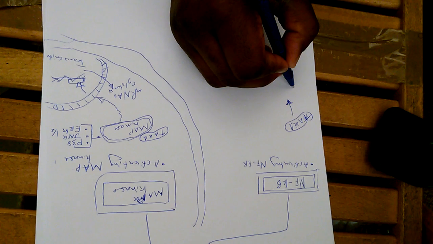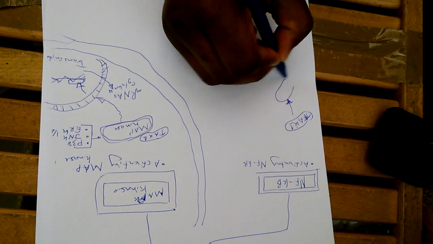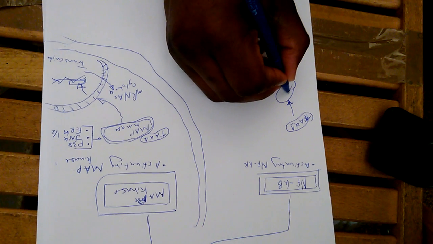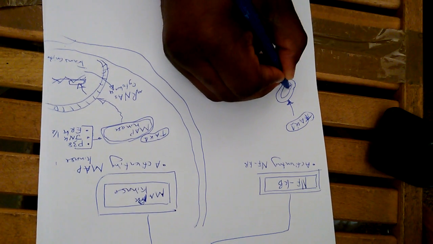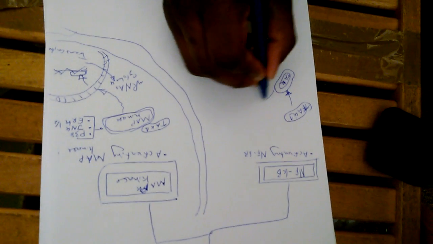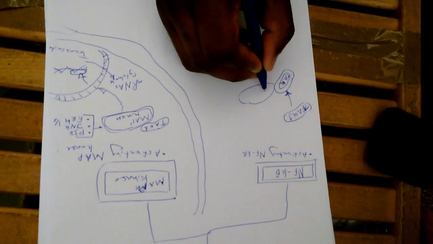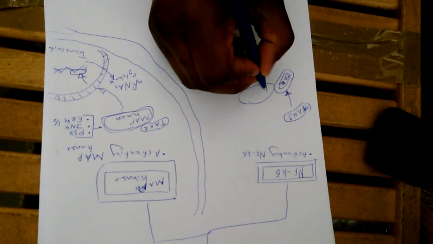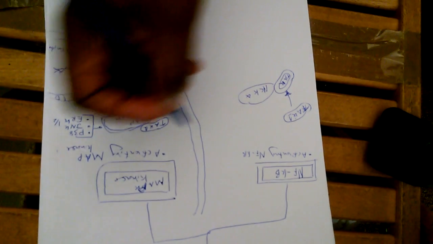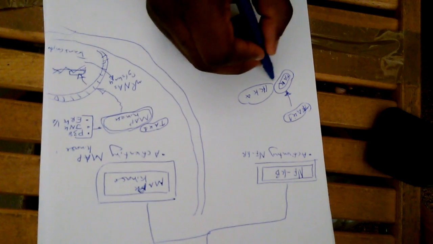Forms a complex with what? Several IKK proteins. Okay, so this is TAK, and this is one protein of an IKK, called what? IKK alpha.